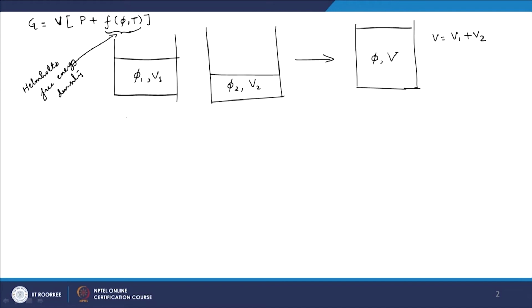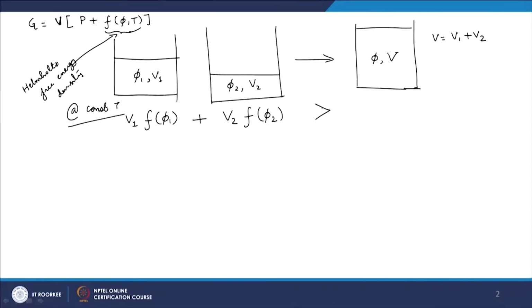If we look at the individual states and multiply the volume with the function f at a constant temperature, we do not care about the dependence on temperature, just for simplicity in notation.